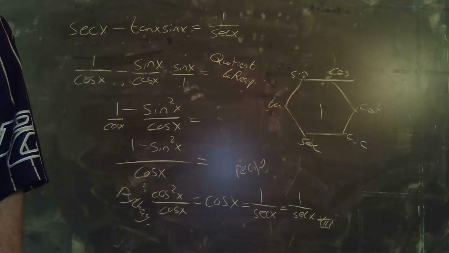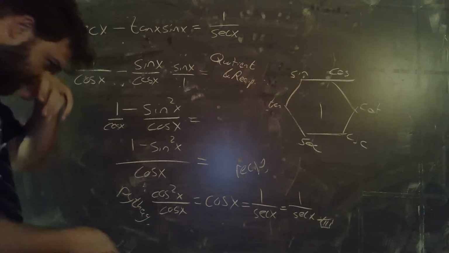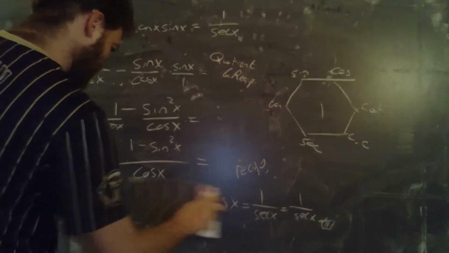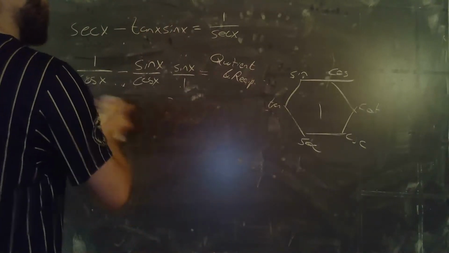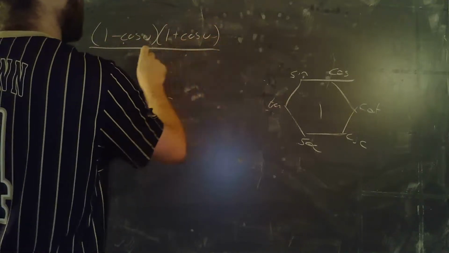Next we have, I like this one. We're going to have 1 minus cosine of u times 1 plus cosine of u, all over cosine squared of u.